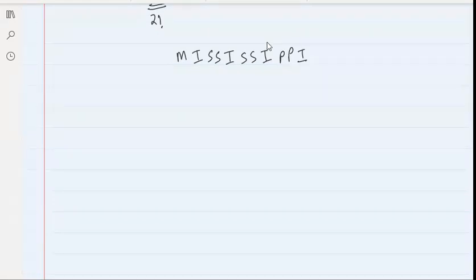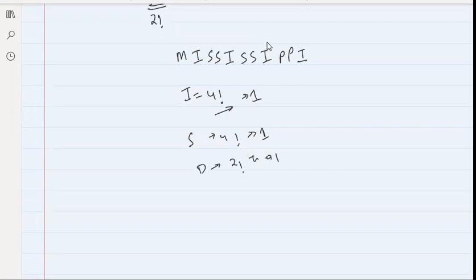So again, I 4 times, so instead of 4 factorial, it should be 1. S again 4 times, so instead of 4 factorial, it should also be 1. P 2 times, so instead of 2 factorial, it should also be 1. So 1, 2, 3, 4, 5, 6, 7, 8, 9, 10, 11. So 11 factorial in general, but in this 11 factorial, yes, very good.